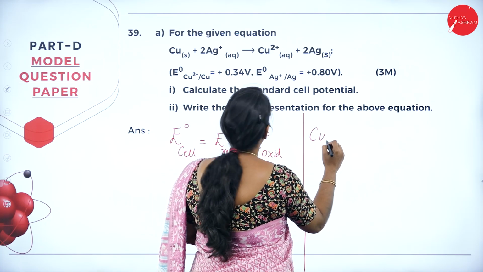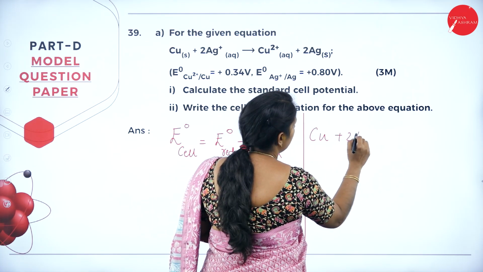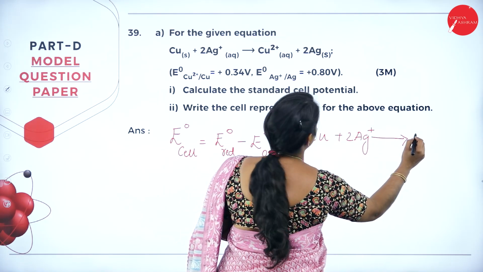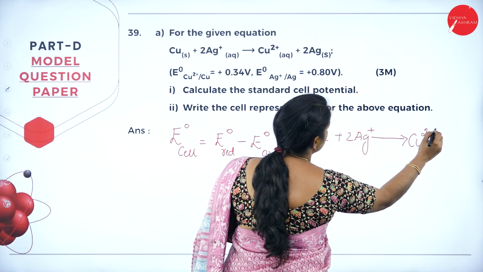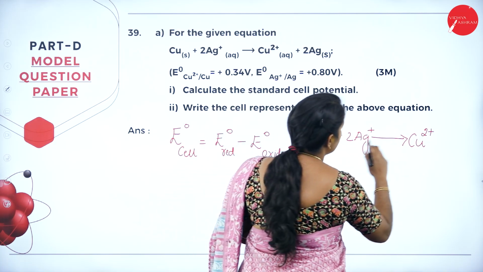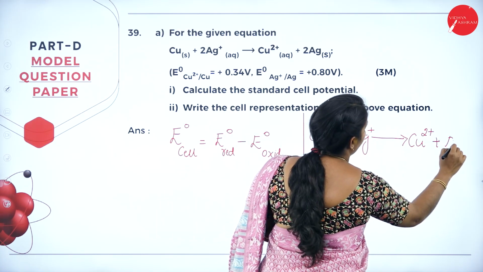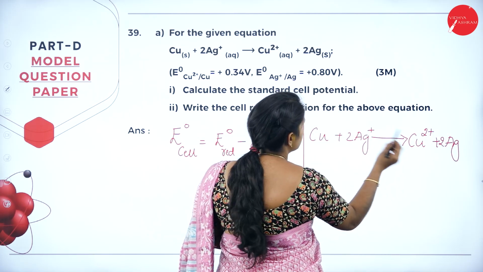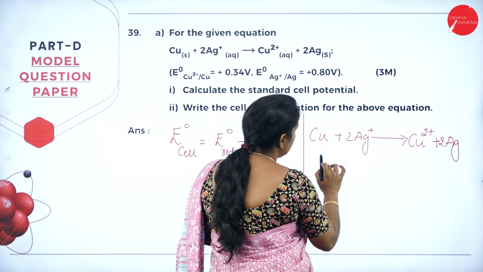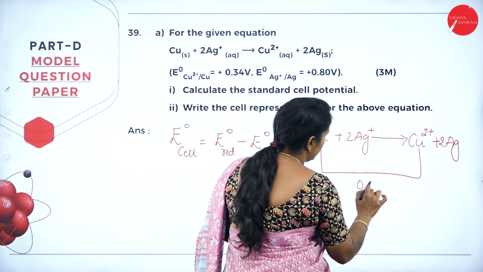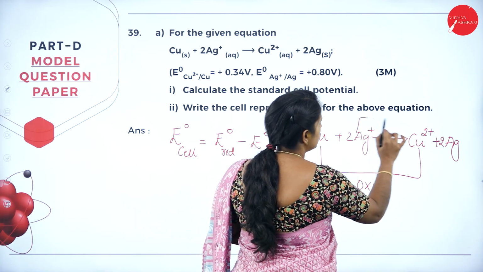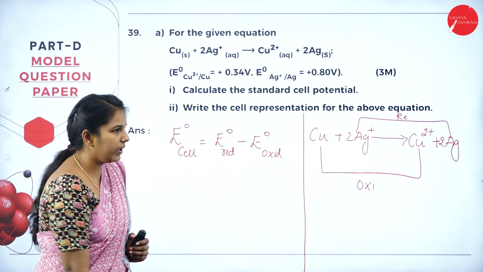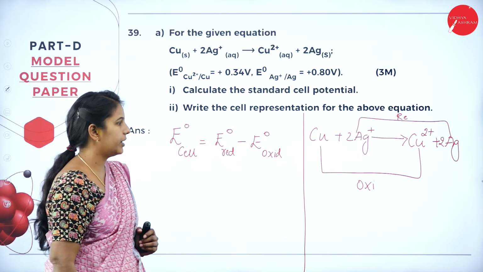So that is copper is going to oxidize to copper 2 plus, whereas silver in the +1 oxidation state gets reduced to Ag, correct? So copper is undergoing oxidation, whereas silver is undergoing reduction. You must know which side is undergoing oxidation and which side is undergoing reduction.